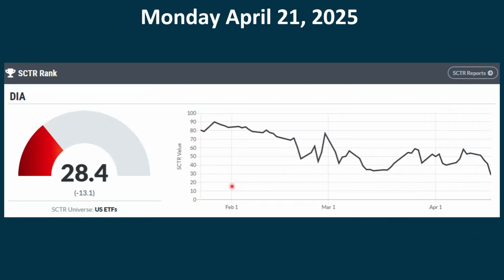And since there's only 30 stocks in the Dow, when one stock has a good or a bad day, that can really impact the overall Dow itself. But still, it's not looking very good. But this is the best looking index currently, though it just generated a death cross itself. And this is the Diamonds, which is the ETF for the Dow, and it's coming in at 28.4. This is the best looking index currently based on technical analysis.